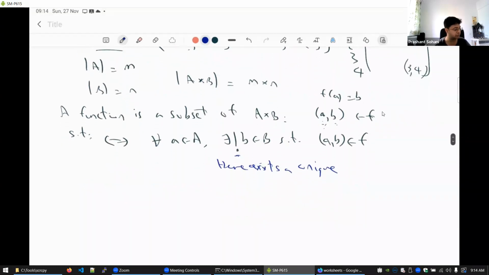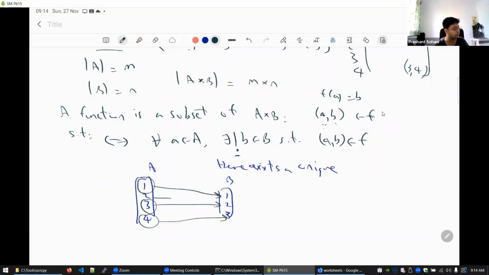We can illustrate that with a picture. Let's say the set A has 1, 2, 3, 4 elements and B has 3 elements. As we said, the Cartesian product has all 12 possible combinations. But suppose the first element maps to 1, let's say, the third element maps to 2, the fourth element maps to 3, and 2 does not map to anything at all.